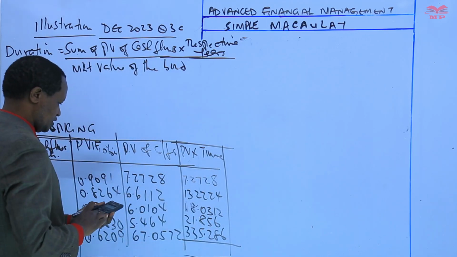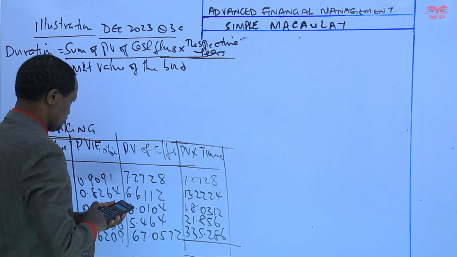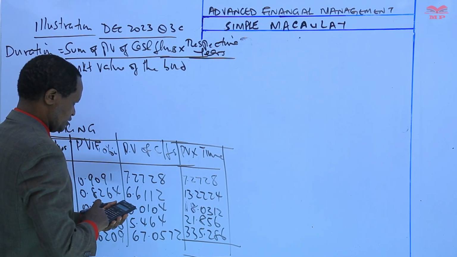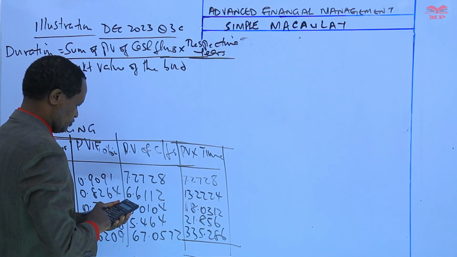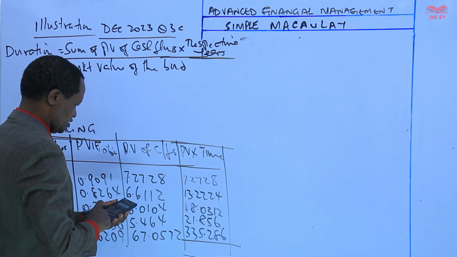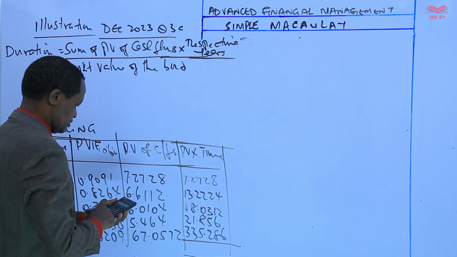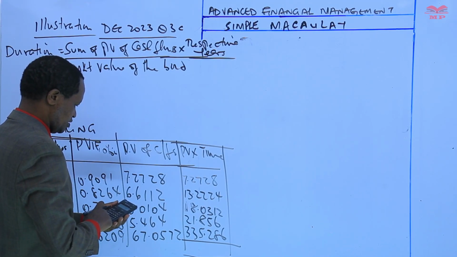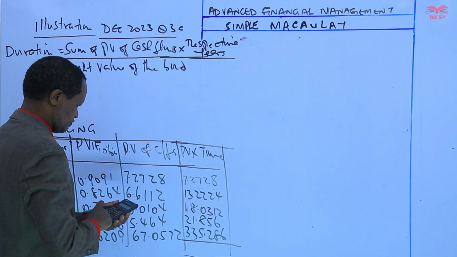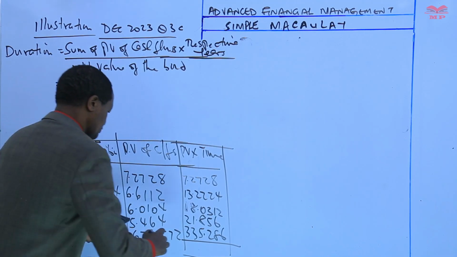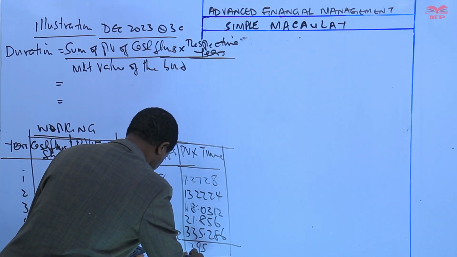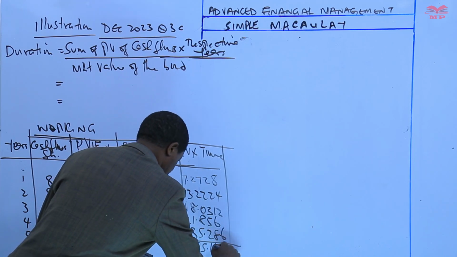So you go ahead and get the total here: 7.2728 plus 13.2224 plus 18.0312 plus 21.856 plus 335.286, which is 395.6684.